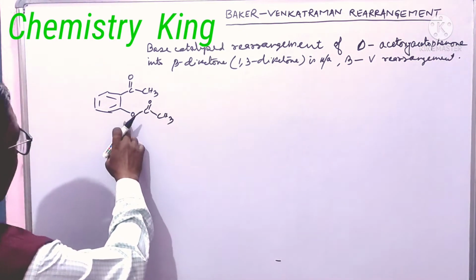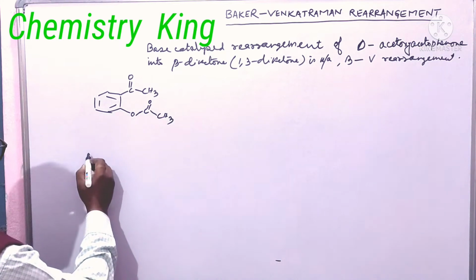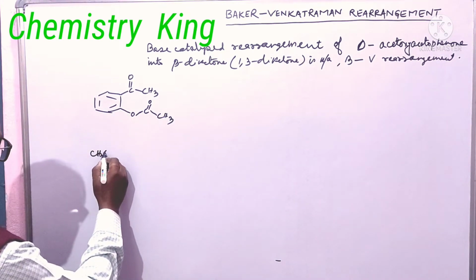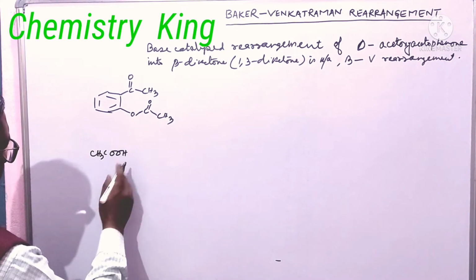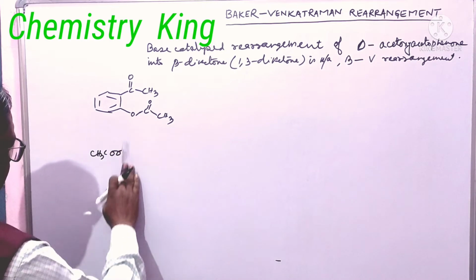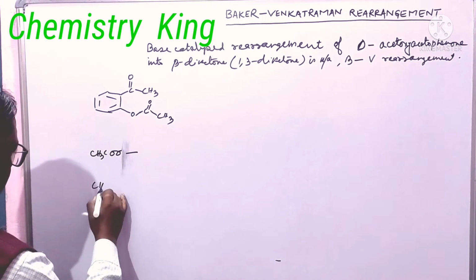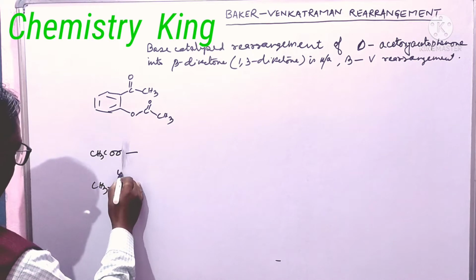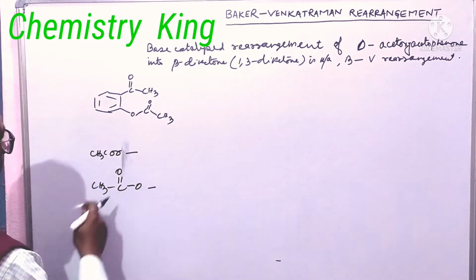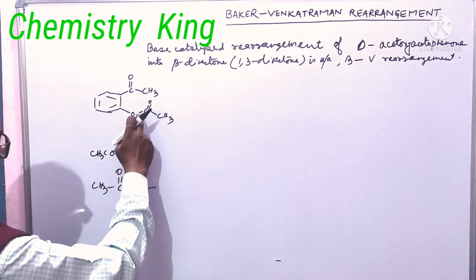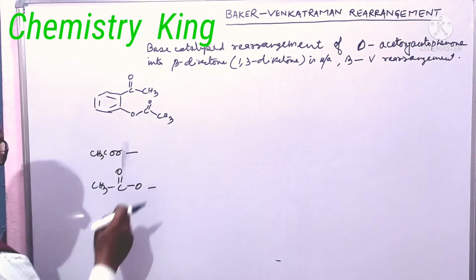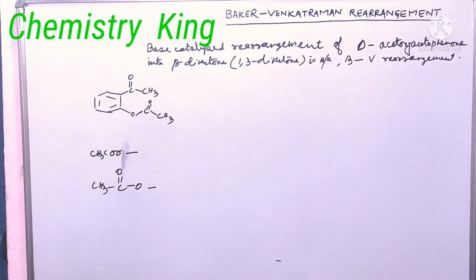It is an acetoxy group. CH3COOH is acetic acid, and it is an acetoxy group, that is CH3C double bond O bond O. This is the acetoxy group. Okay.